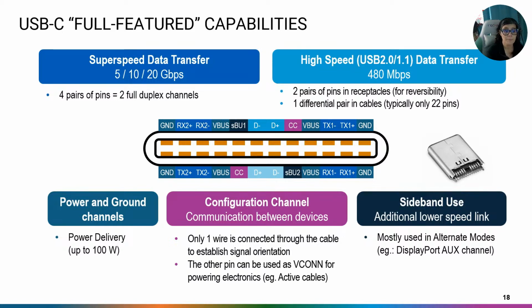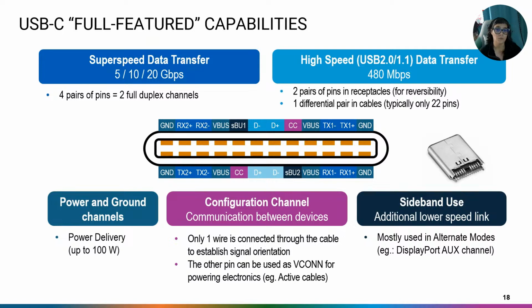It's going to have the different power and ground channels. And because it's got way more power and ground channels than those USB-As or USB-Bs, this is where you're going to be able to get power delivery up to 100 watts and actually keep more than just an HID device going. You can keep an actual laptop going.